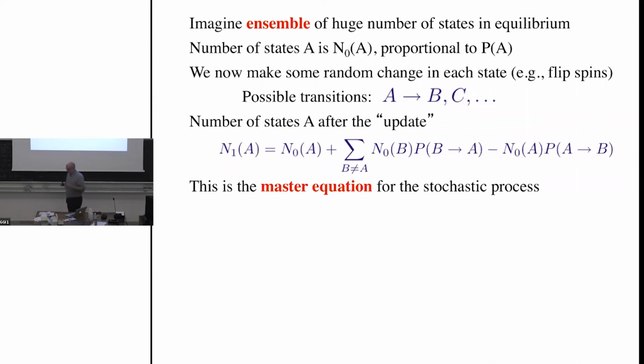So then you can ask, after I have done that, how many configurations do I still have with the label A? Well, that's what I started with, and not.